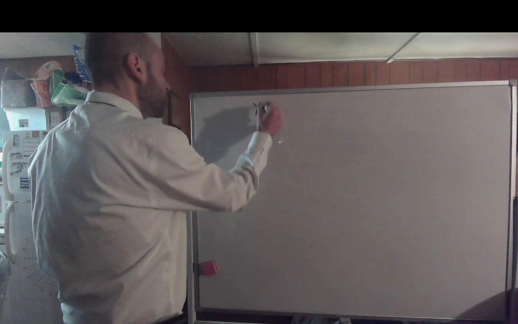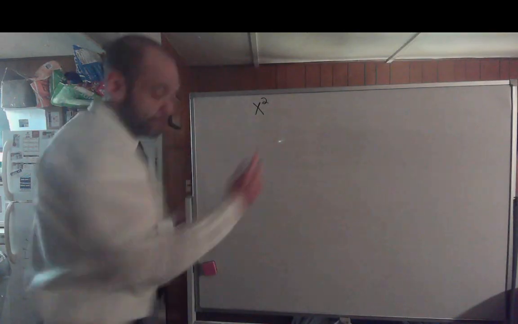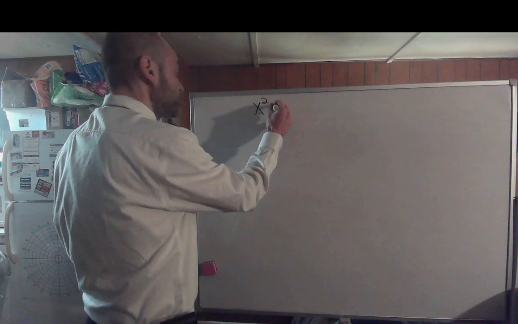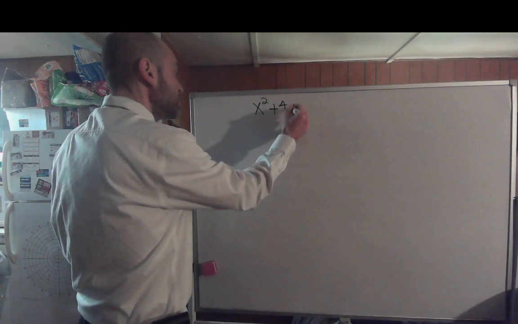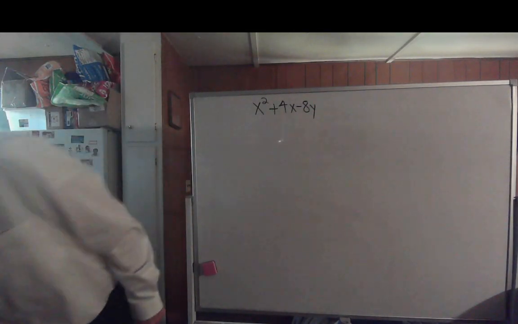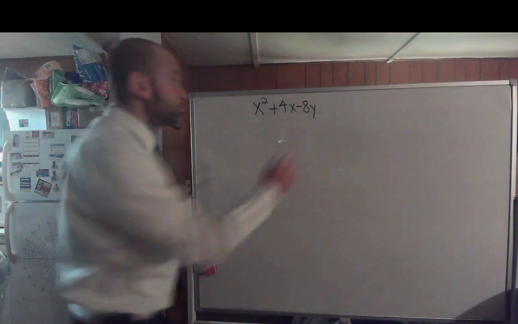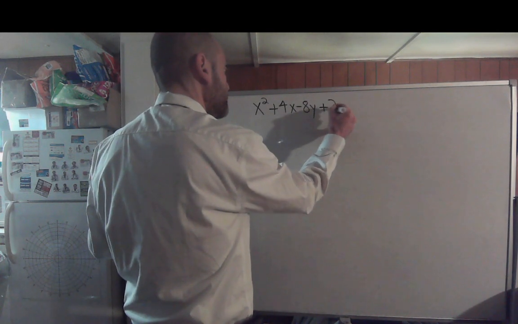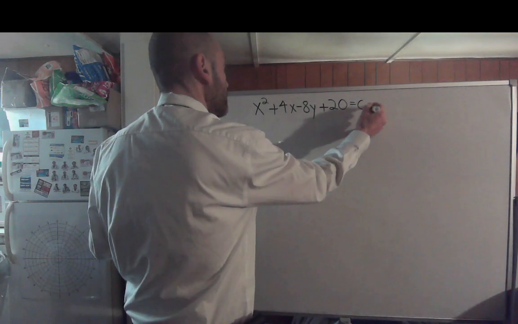We have x squared plus 4x minus 8y plus 20 is equal to 0.